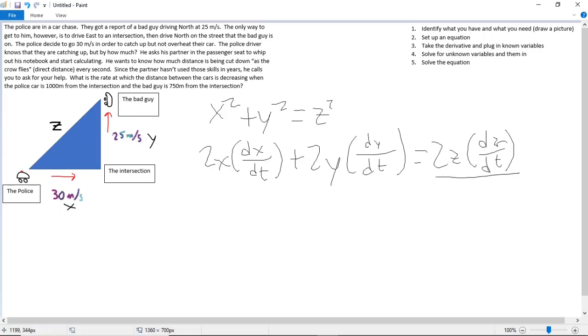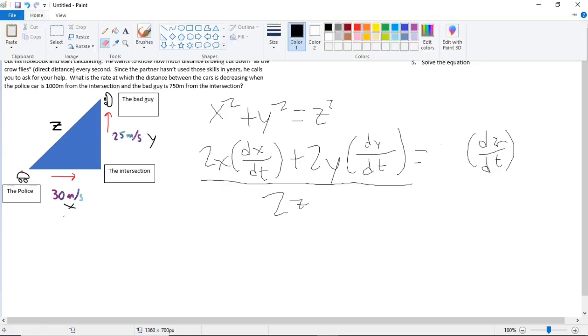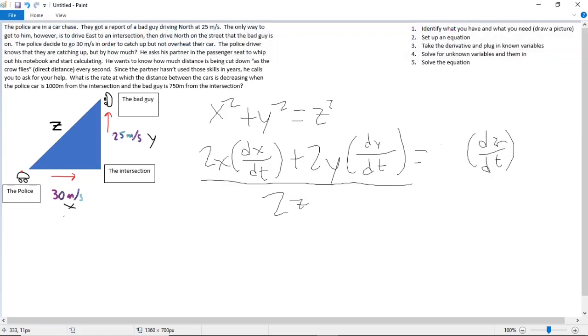Basically, we're just going to divide by 2z, and we're going to erase everything. There we go. So this is what we're left with. Now we need to plug in our known variables.